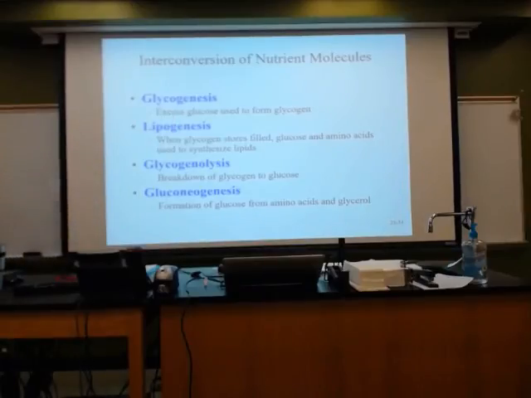Where do we store that glycogen for the most part? What two cells of the body? Liver and muscle cells. So once we store that excess glucose in the form of glycogen, when the body needs it, it pulls it out.